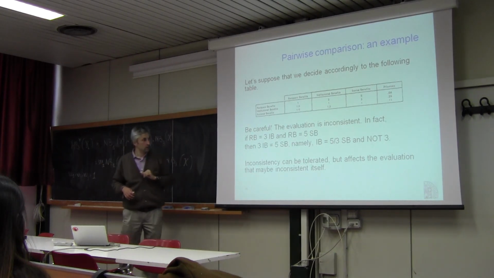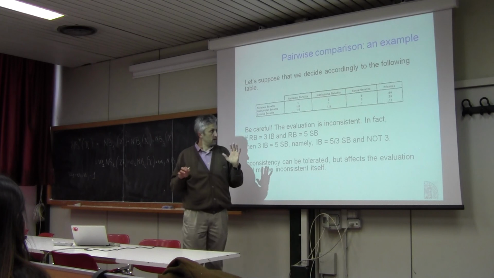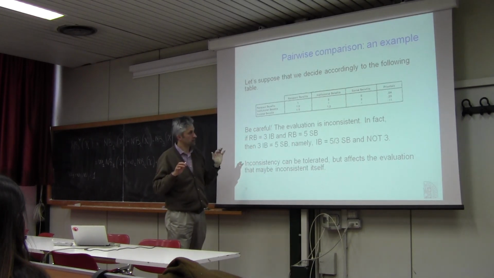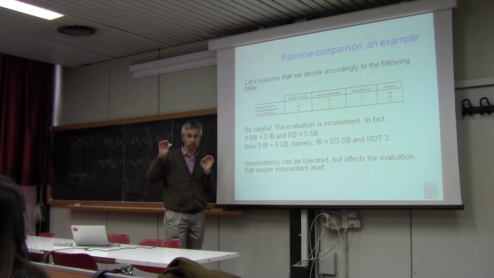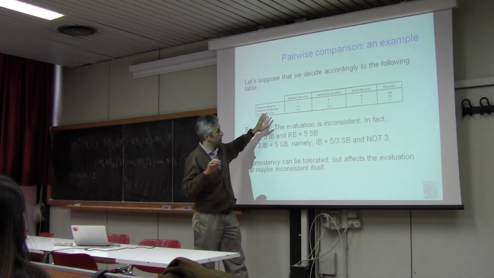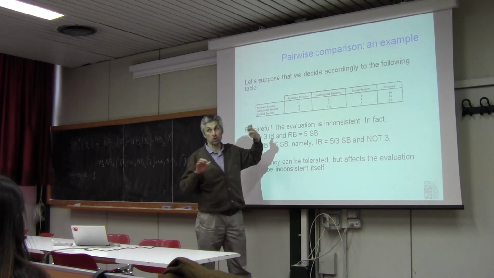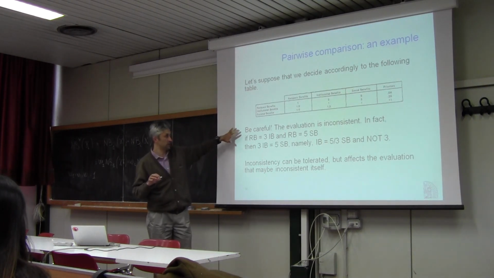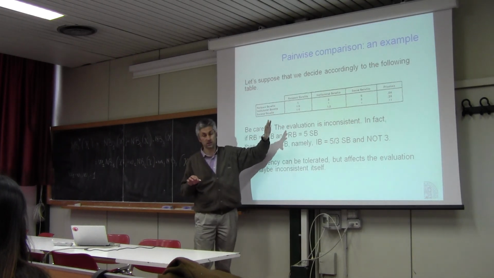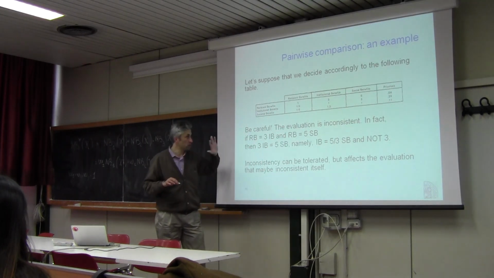Okay? Now, let's observe that it's not just sufficient to ensure symmetry, to make the overall evaluation consistent. In fact, look at the example that is given here. The evaluation given by this square matrix is inconsistent in what?